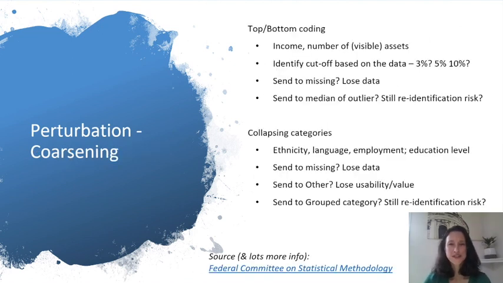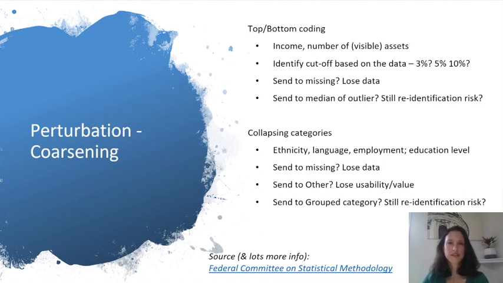Okay, moving to variable by variable data coarsening. This is about, again, re-identification risk, and not all outliers pose a re-identification risk.